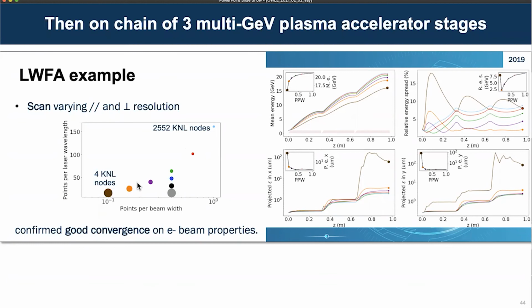And you see that the color and size correspond to the color and size for the curves on the right, looking at the mean energy, relative energy spread, and then projected emittance in X and Y of the witness beam. And you see the dependence versus Z position for each of them. And you see also the dependence with resolution in the insert here. So we really see that we have very nice convergence eventually of these various beam moments for these simulations.